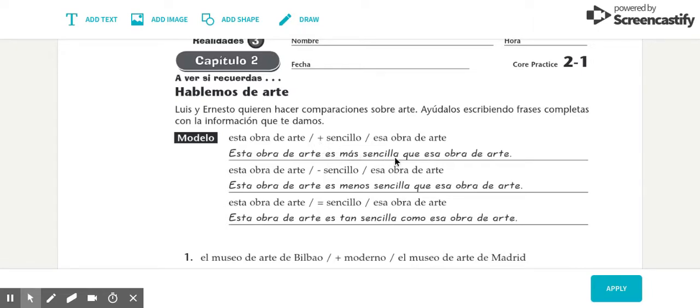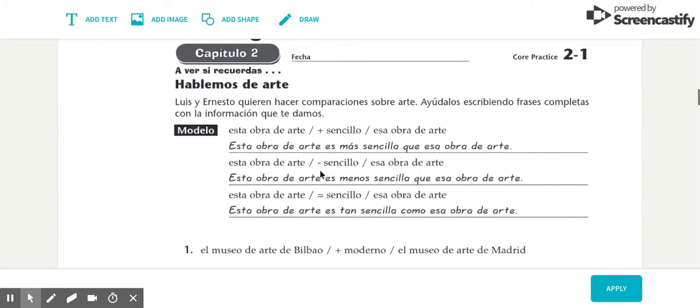Es más sencilla, you notice the sencilla is feminine to match the obra de arte. And you use que because it's the relative pronoun there. It's more simple than esa obra de arte, that work of art. So this artwork is more simple than that artwork.